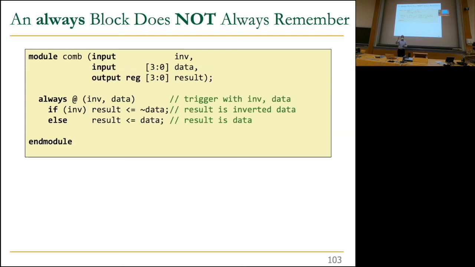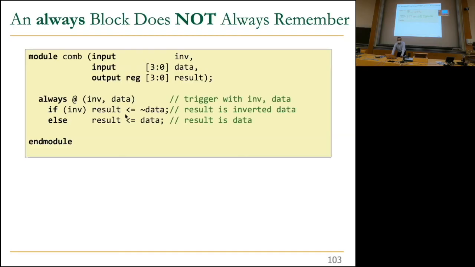Basically, you always specify a state change in this particular case whenever an input changes. Okay, that's the idea. So result is declared as a reg, as you can see. We have INV and data, and these are the two inputs to the circuit. Whenever INV or data changes, the result gets assigned a value.